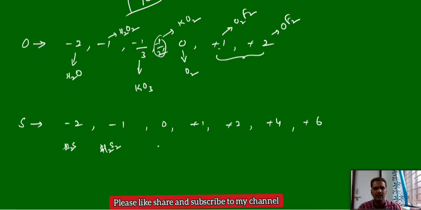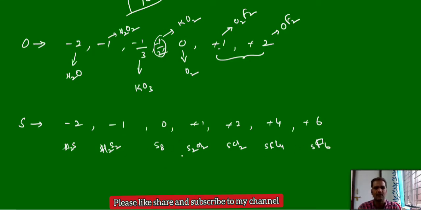The 0 is the elemental state, octatomic. +1 is in monochlorides or monohalides, +2 in dihalides, +4 in tetrahalides, and +6 in hexahalides.